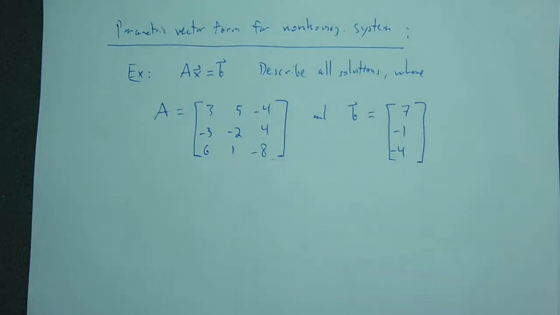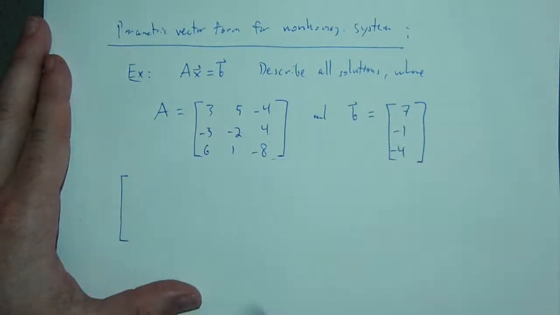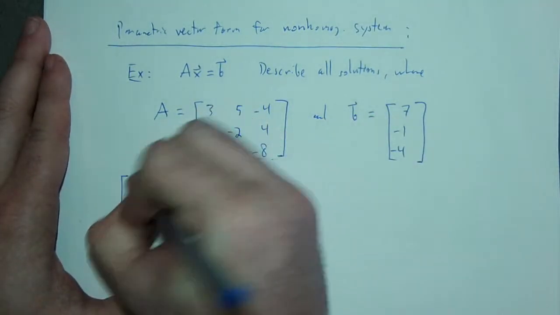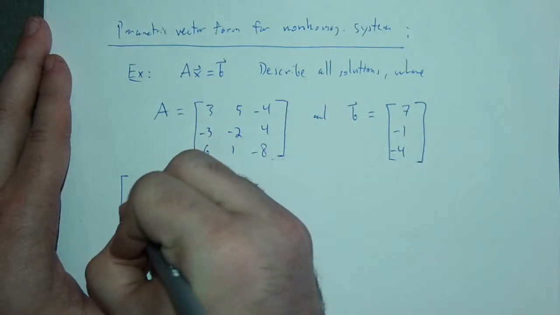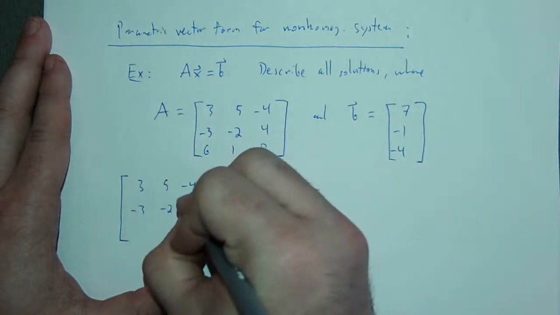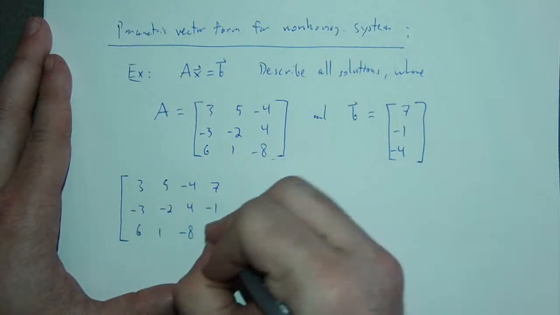So notice this is actually the same coefficient matrix that I had before. So I already know what this looks like in reduced row echelon form. I just have to keep track of what goes on with b using those same operations. So this is 3, 5, minus 4, 7, minus 3, minus 2, 4, minus 1, and 6, 1, minus 8, minus 4.